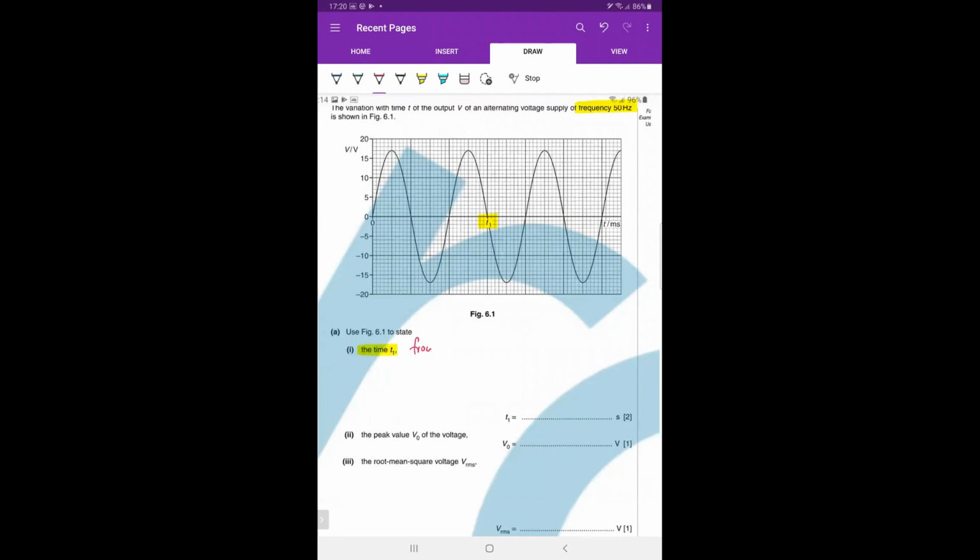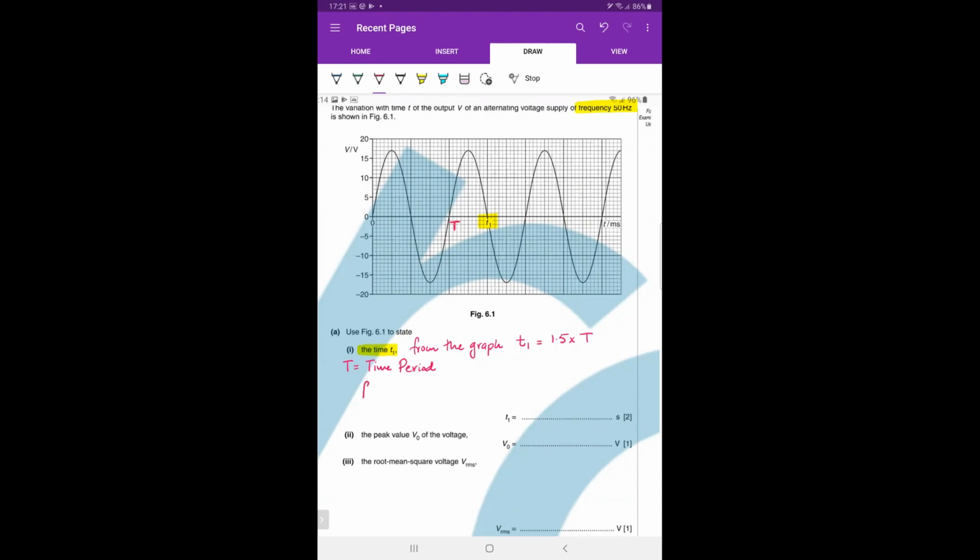So from the graph, T1 is 1.5 times capital T, where capital T is the time period. I've marked the time period on the diagram.